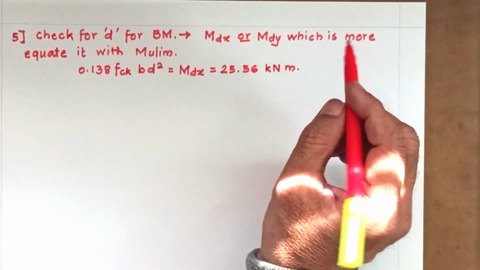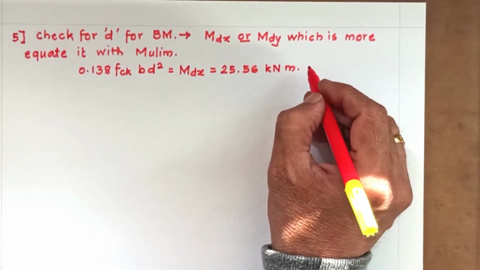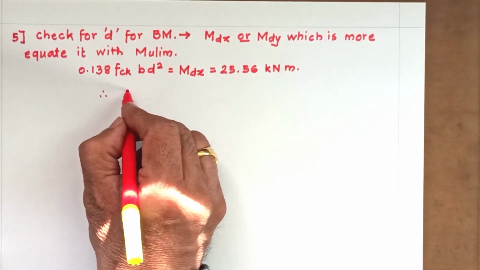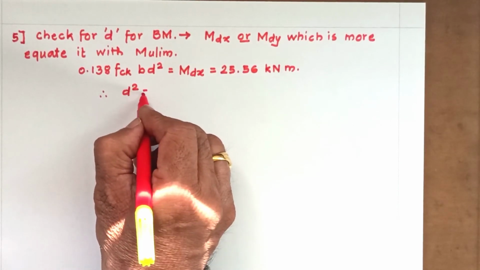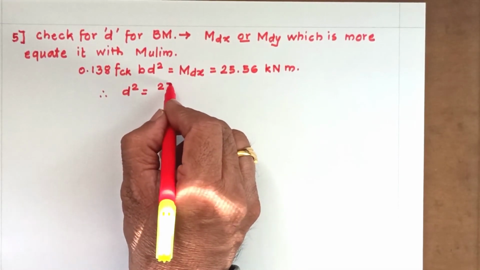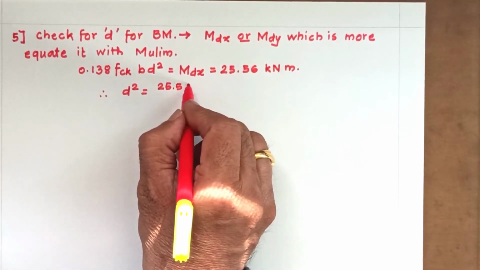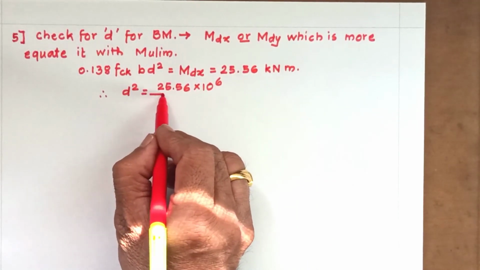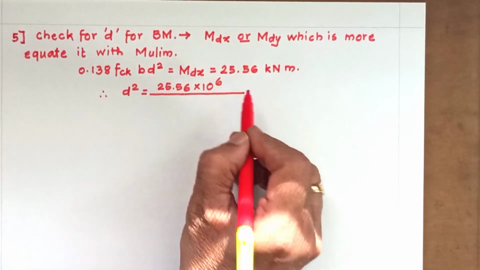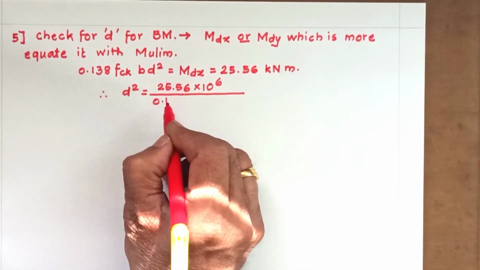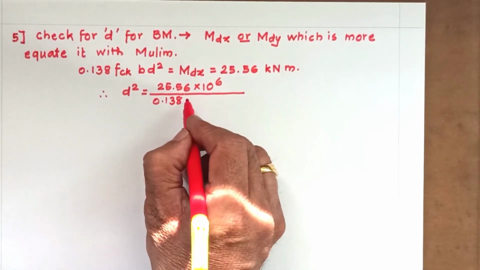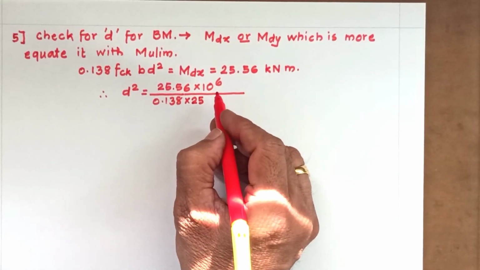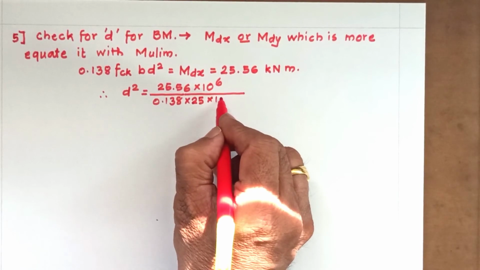Okay, so we will have to convert it into Newton mm. Therefore D square is equal to 25.56 into 10 raised to 6 divided by 0.138 into FCK, which is 25, into B, that is 1000.